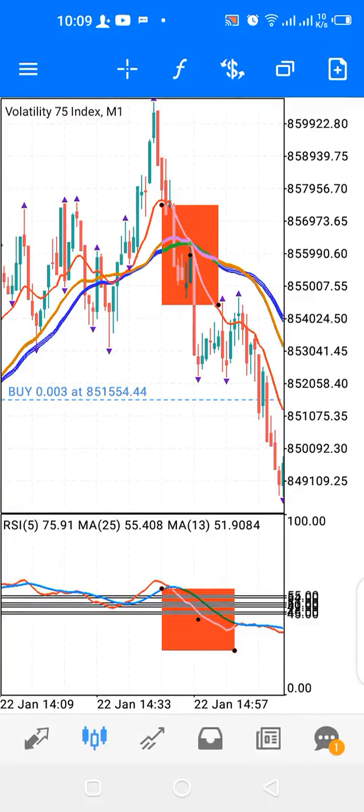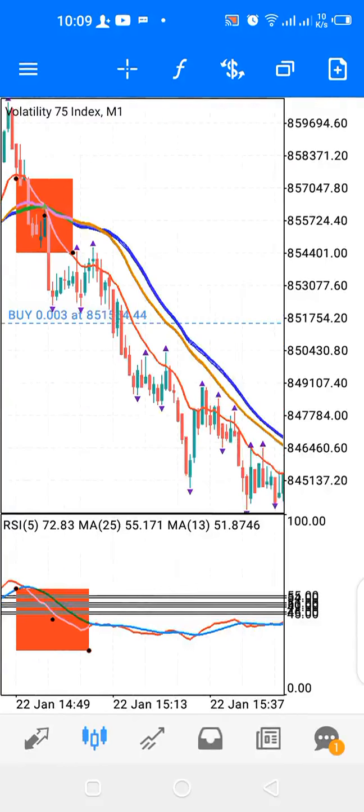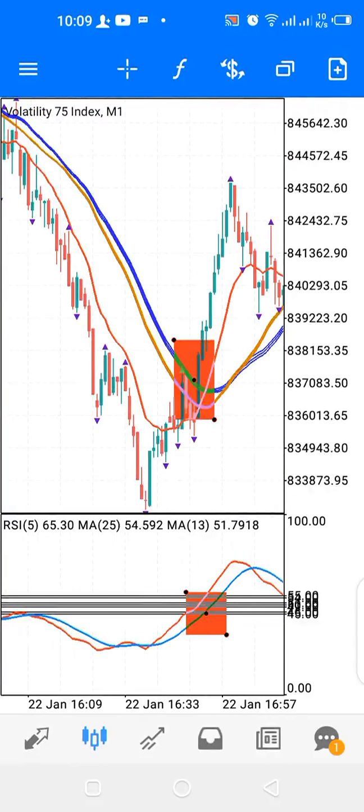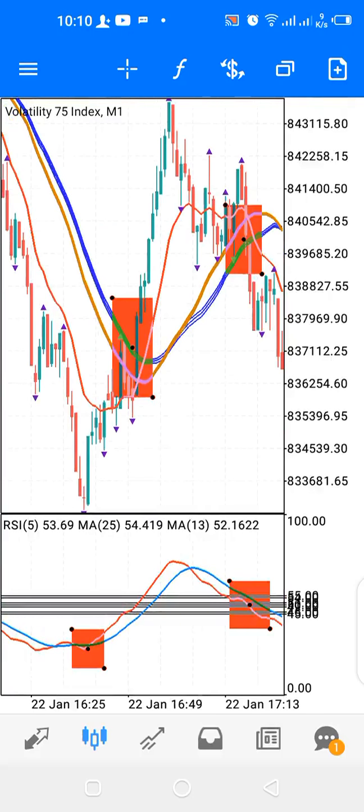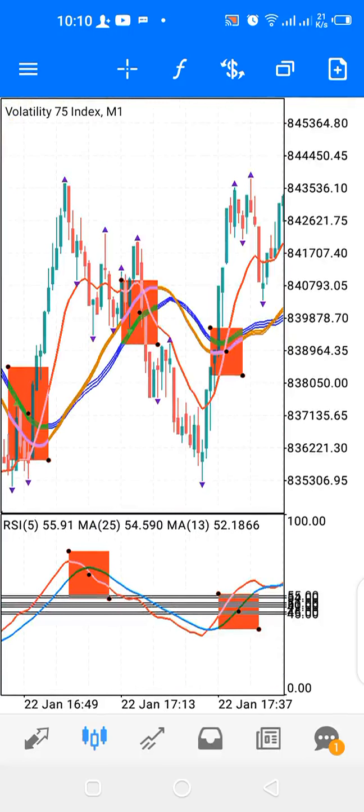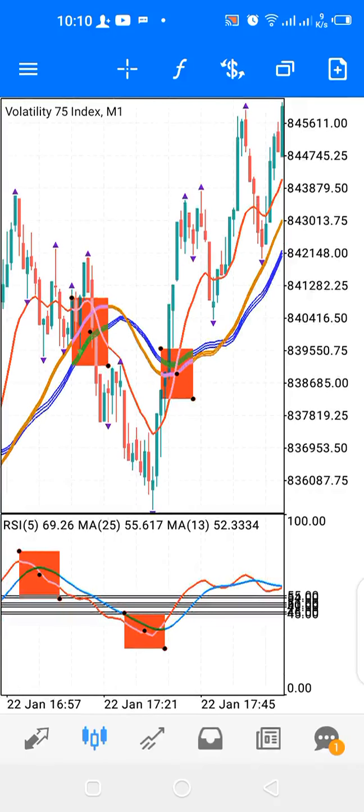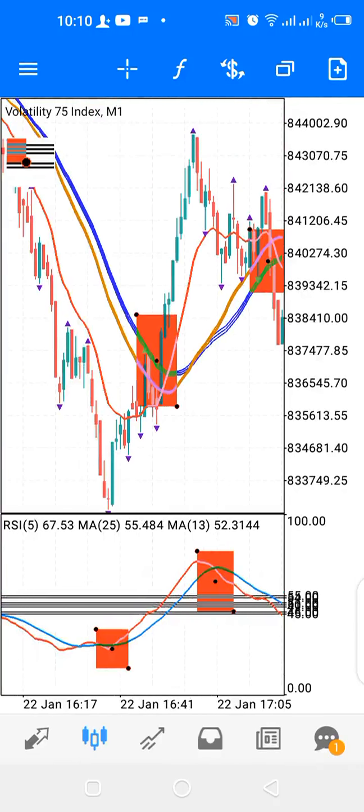So that's the way the strategy works. For indicator window 1 again, when the red line crosses above the blue line, you have your buy signal, and when the red line crosses below the blue line, you have your sell signal.